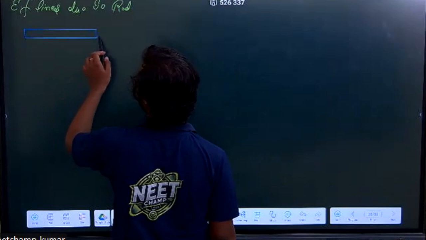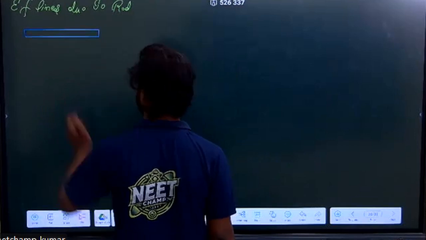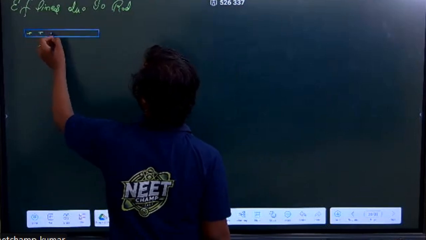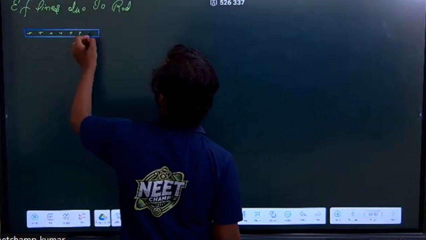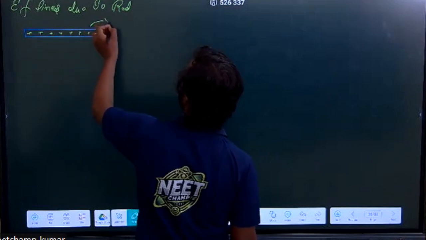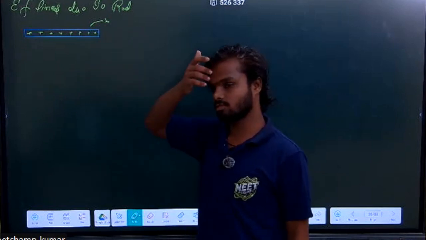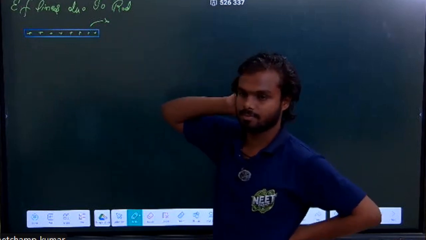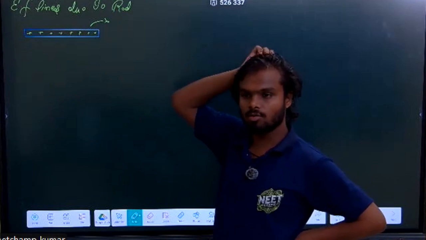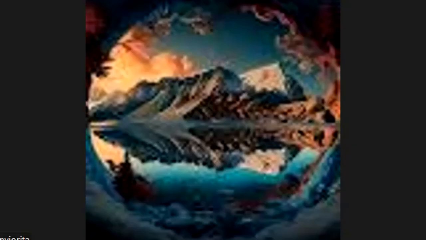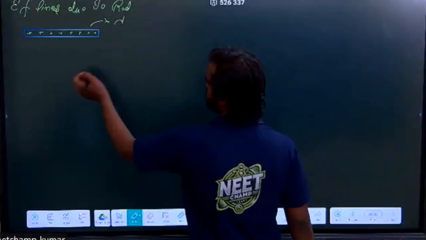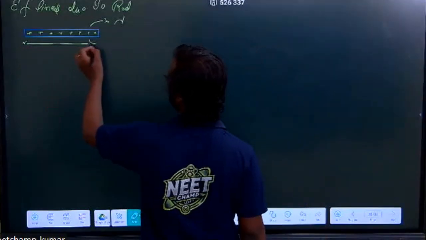We have taken a rod and given a positive charge to it. Will it be lambda, sigma, or rho for a rod? It will be lambda.